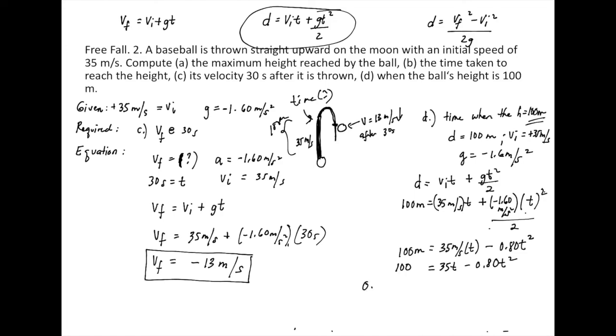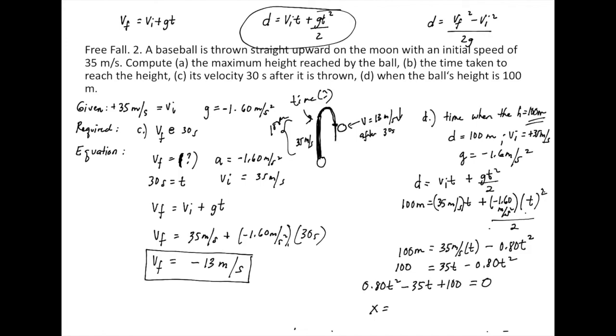We have 0.80 t squared minus 35t plus 100 equals 0. So the best solution for us to solve the value for t is to use the quadratic equation.